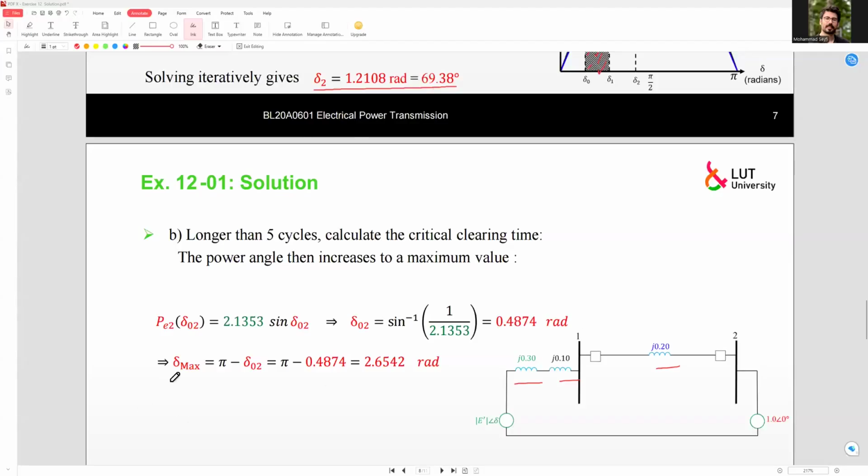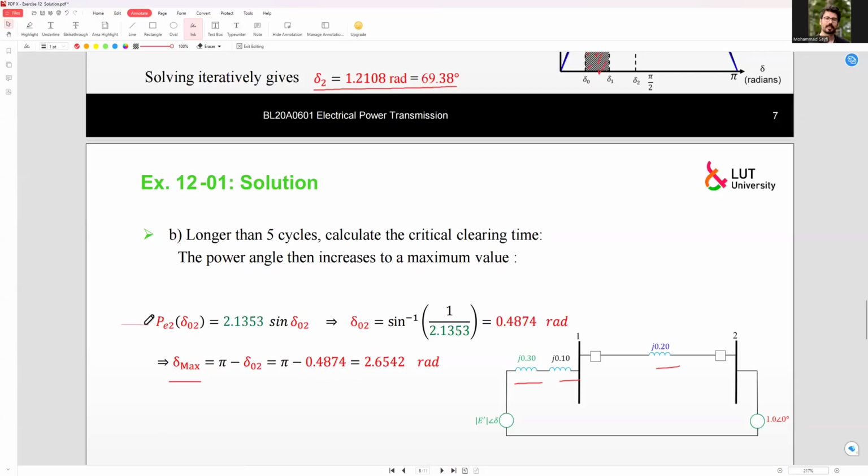We need delta max, which is the maximum delta we witness when we clear the fault in critical time, maximum critical time. And after this delta, the system will face instability in its behavior.